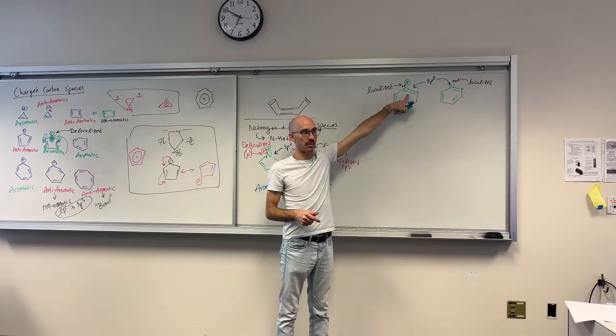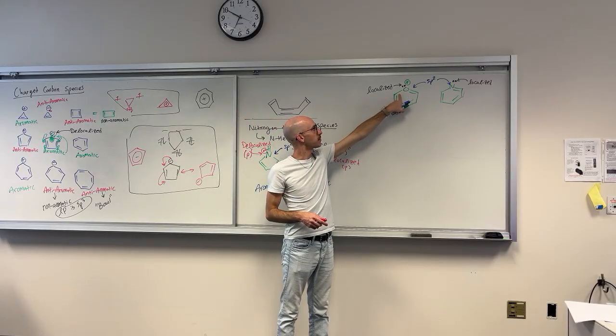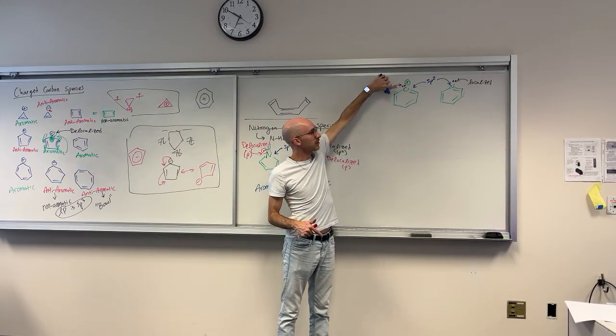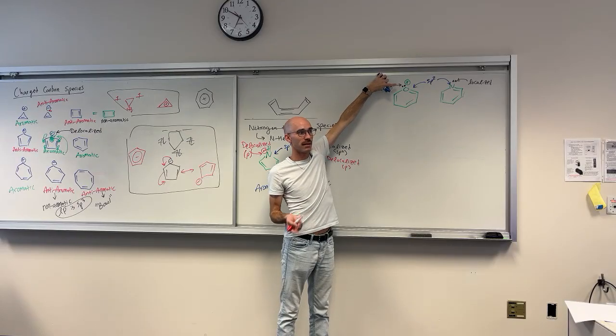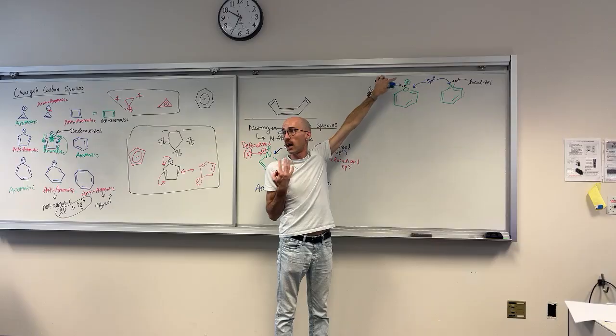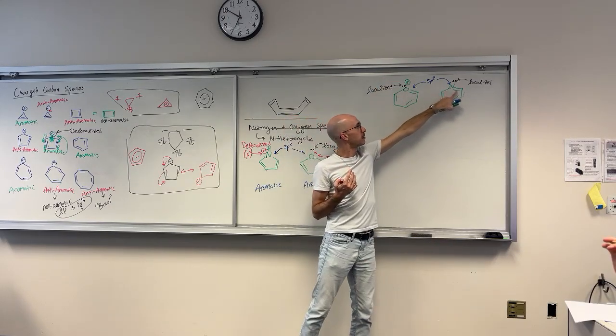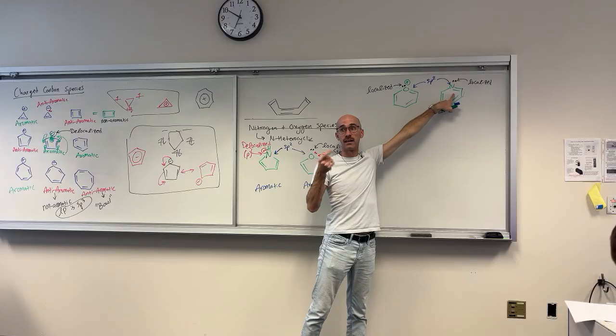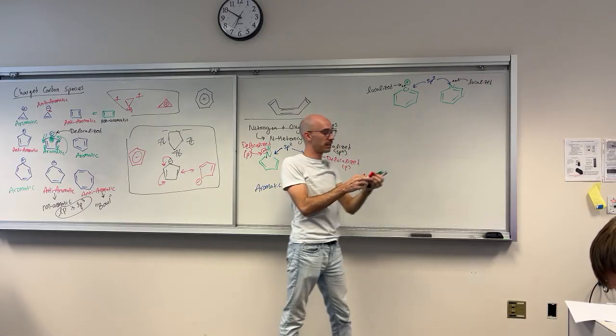The p orbital's taken up. sp2, p, what's the only orbital left? sp2. It cannot be delocalized. It's not in conjugation. It's not in the p orbital. sp2, p, nothing left. It can only be in an sp2 orbital.